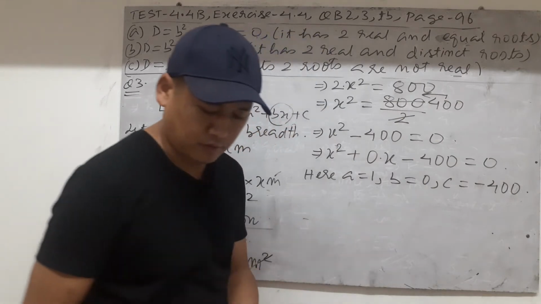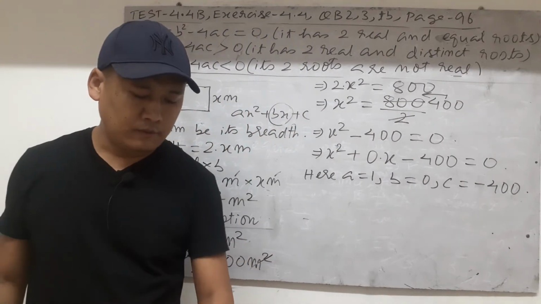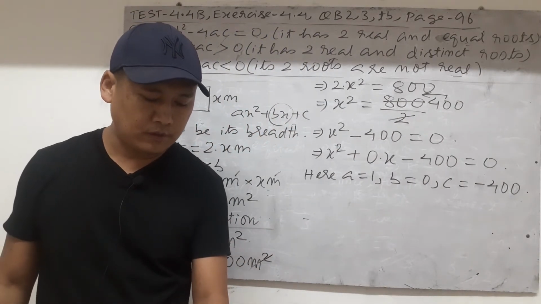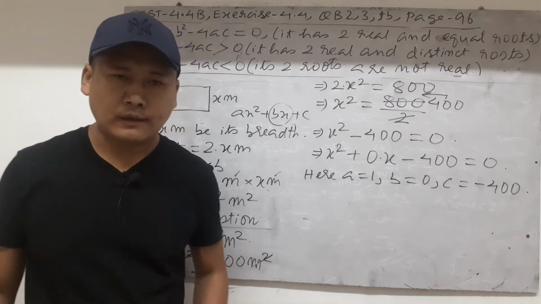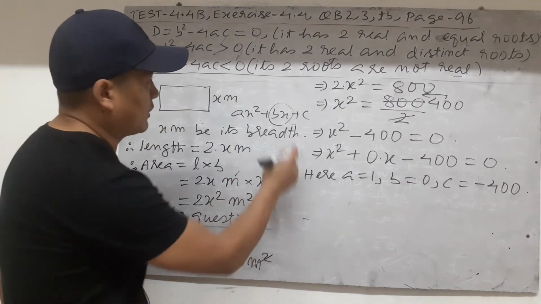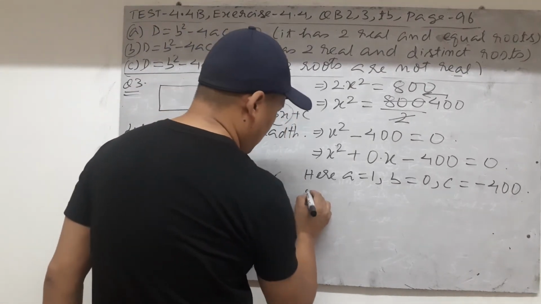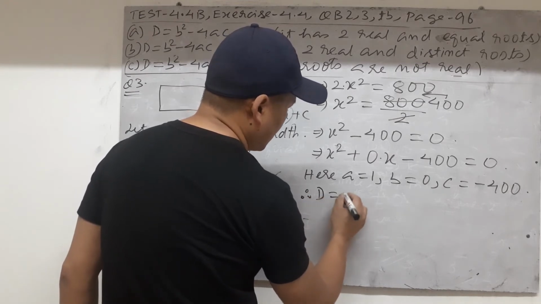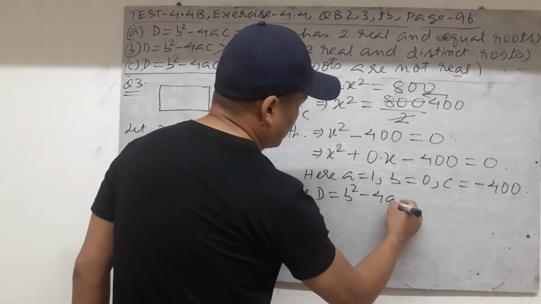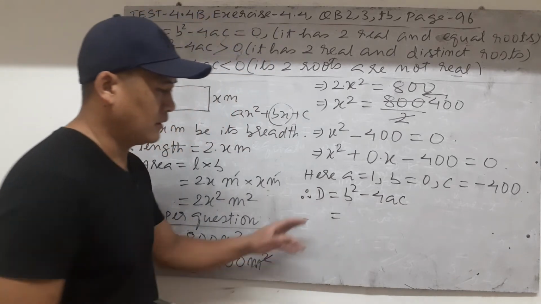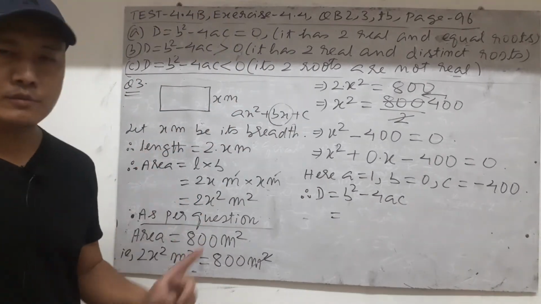Okay, so look into the first part of the question. First of all, is it possible to design such a rectangular mango grove? The answer comes from the discriminant. Therefore, D is equal to b square minus 4ac. Finding the value of this will tell us whether it's possible or not.